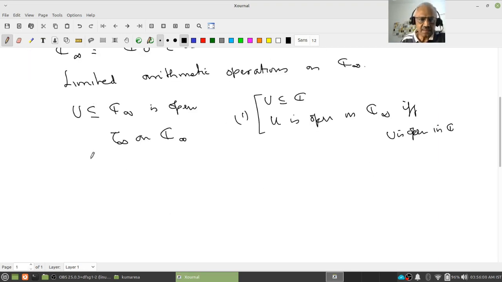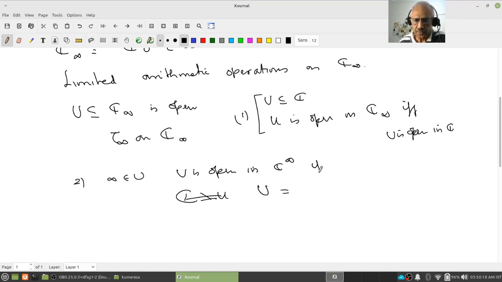And the second thing: suppose infinity belongs to U, I want to say U is open in C infinity if and only if U is of the form V union singleton infinity, where V contained in C is open in the standard topology and C minus V is compact.